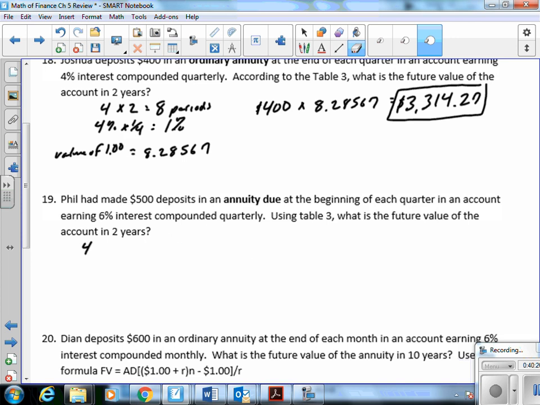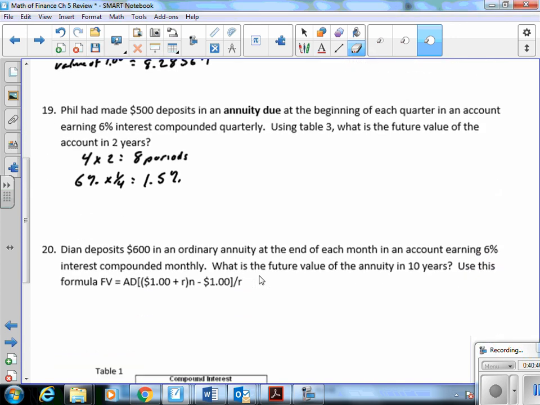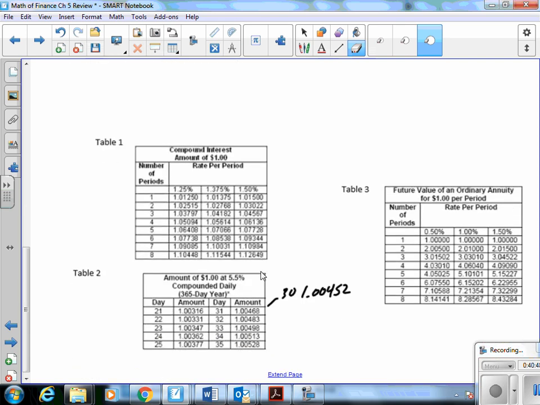Just like the last one, 4 periods per year times 2 years is 8 periods. It's 6% this time, times 1/4, which is 1.5%. So 8 periods at 1.5% is 8.43284.